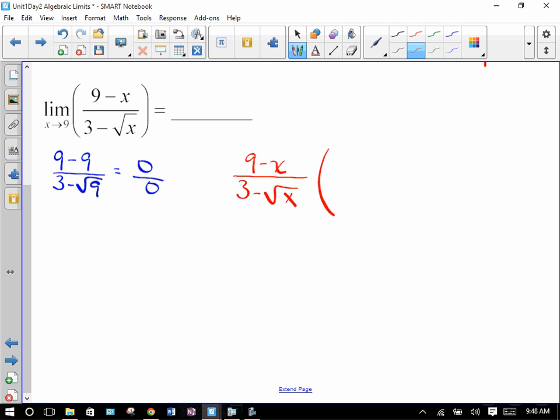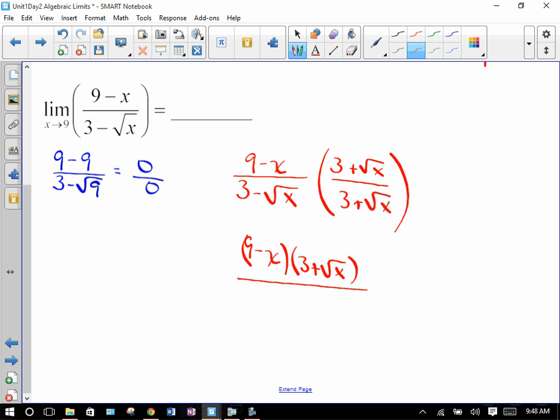We're going to multiply this by 3 plus square root of x over 3 plus square root of x. So on the top we have 9 minus x times 3 plus square root of x. Over, I'm going to distribute in the denominator. 3 times 3 is 9. 3 times the square root of x is plus 3 square root of x.